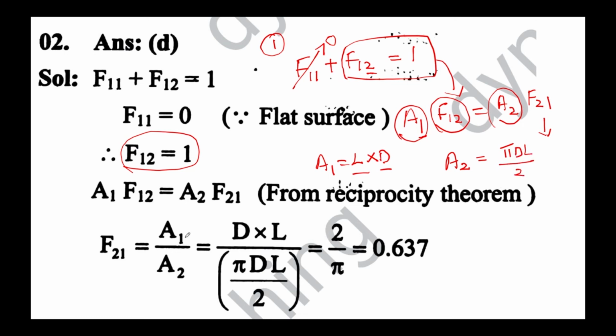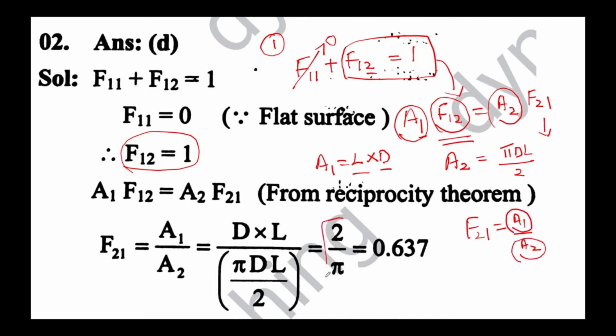So A1 and A2 are known, and F21 can be represented as A1 by A2 simply because F12 is already 1. You can substitute D into L and pi D L by 2.